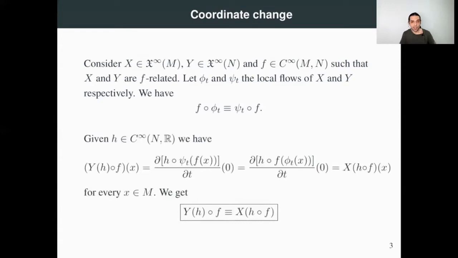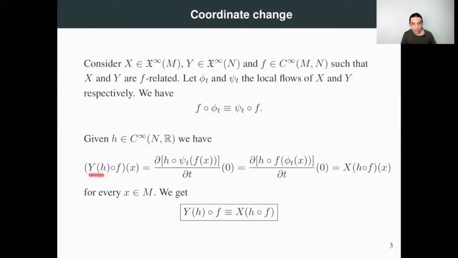Now, we can use this property to calculate, given a C-infinity function h defined on N, Y applied to h, and then pre-compose with f at a point x. How do we do this?